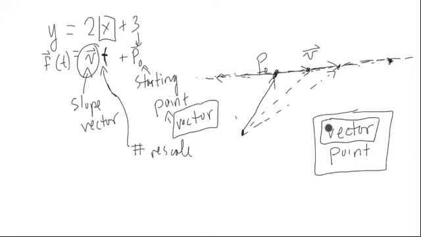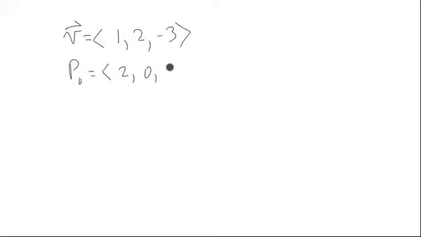Okay, so let's look at a specific example. What if we have, for instance, a vector v of 1, 2, -3. And suppose we have a point to start off with as 2, 0, 1.